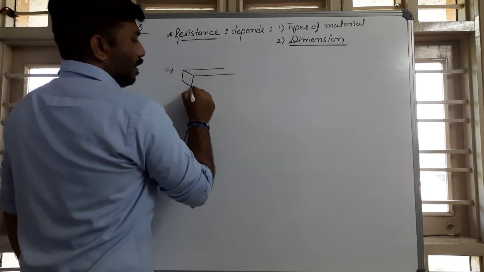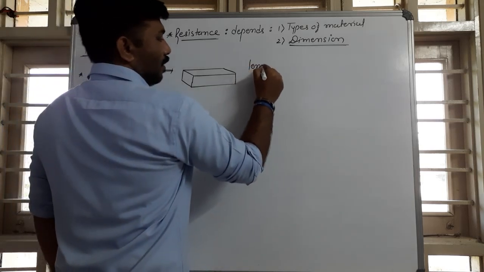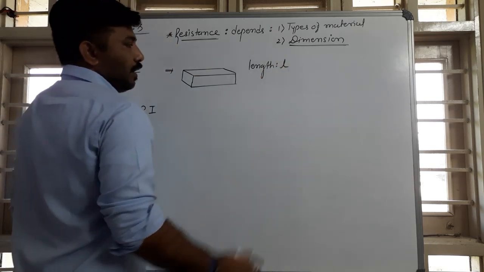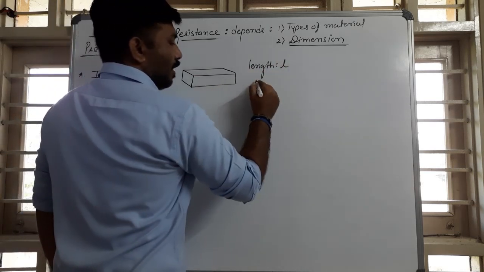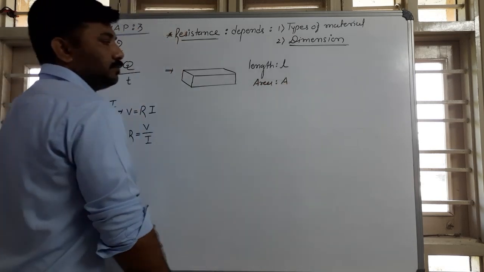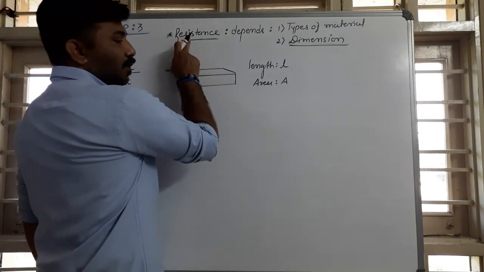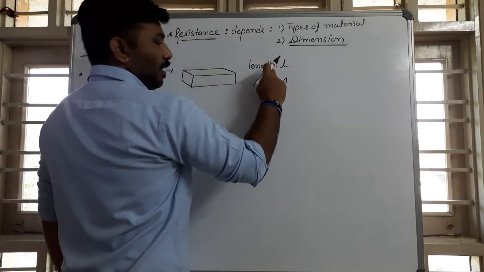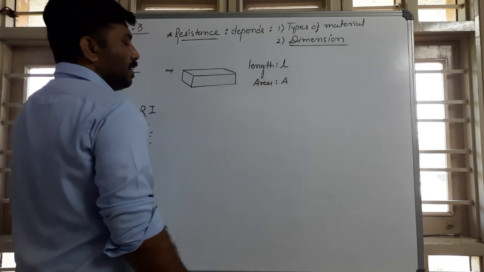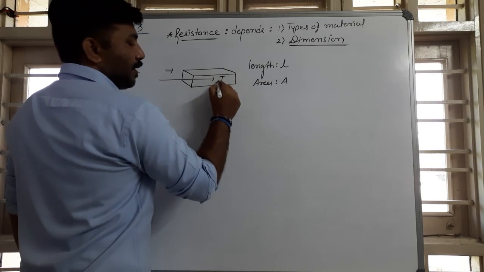This conductor has a length L. This conductor has an area A. Got it? So, we can say that the resistance of a conductor depends upon length as well as area A. And the electric current passing through the conductor, consider it is capital I.